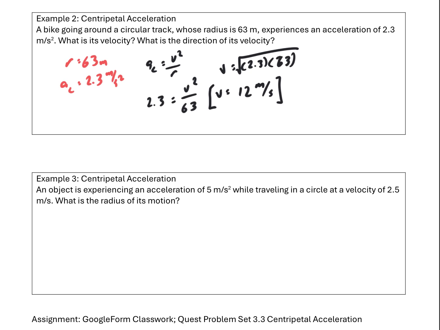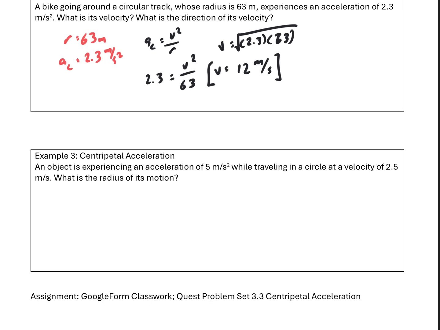Then the last example, I'm given the acceleration of the object as 5. The velocity here is 2.5 meters per second.